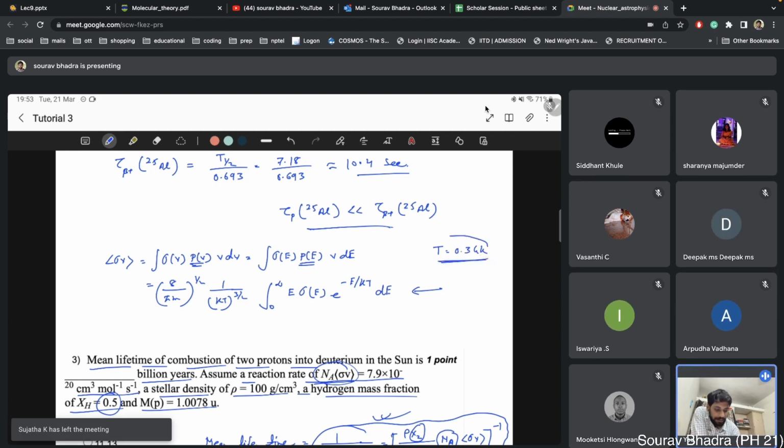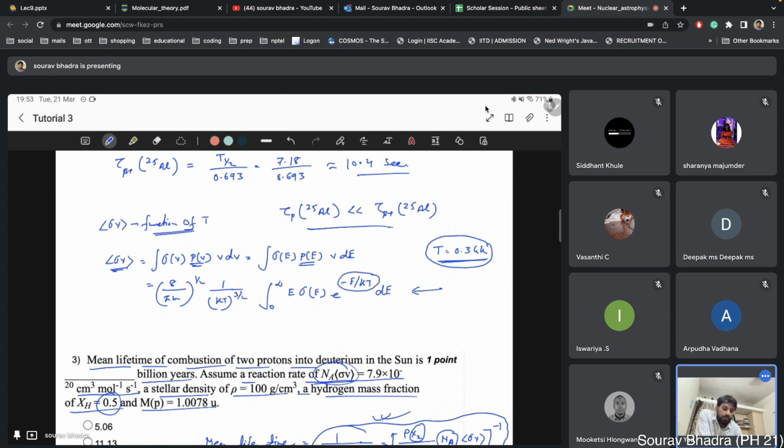At this particular temperature you have to calculate the sigma v, because this sigma v is a function of T. Whenever you are given some value of sigma v in your question, it is always required to say at what temperature that sigma v is given.